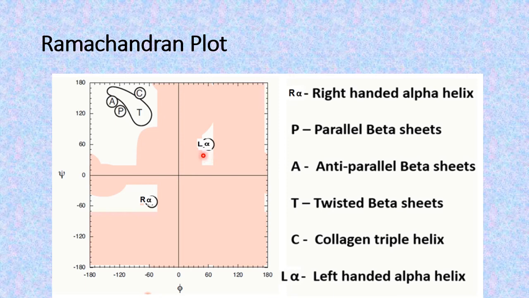It is because of the steric hindrance, because the backbone has to go through many twists and turns if both these phi and psi bonds have to be in the clockwise direction. So this Ramachandran plot presents a clear picture of the possible permitted combinations in a polypeptide backbone and also the resulting secondary structures.